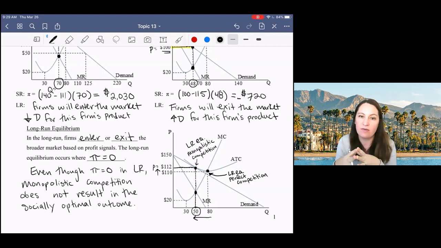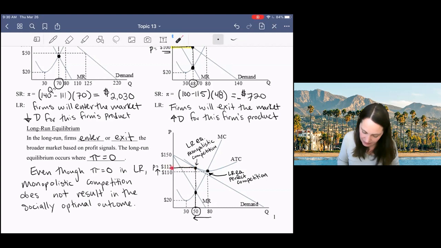This means that firms earn zero profit, just like in perfect competition, but this is not socially optimal. And we can see that because our price here in monopolistic competition and our average total cost is higher than it was in perfect competition, right? With perfect competition, we'd be producing at a cost of $110 per unit, and consumers would pay $110.